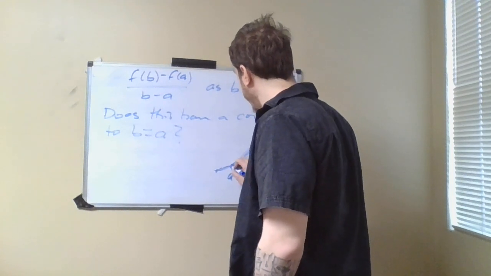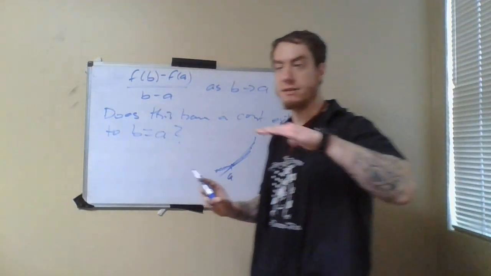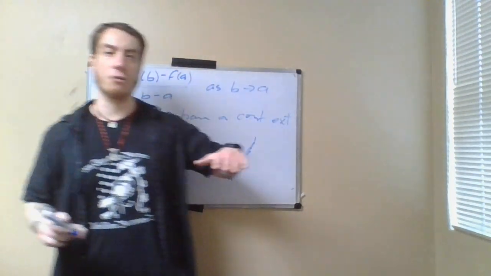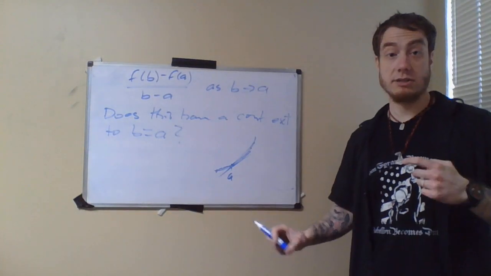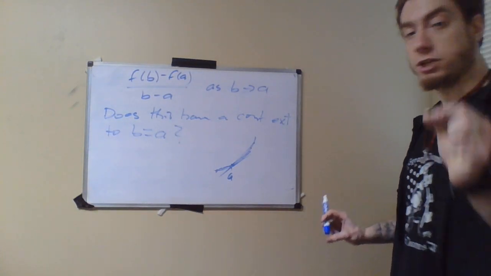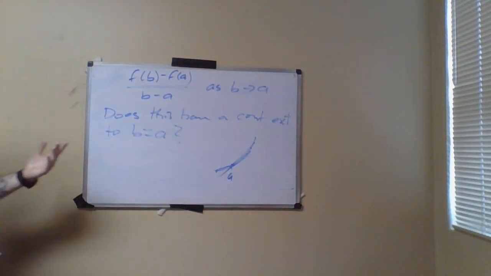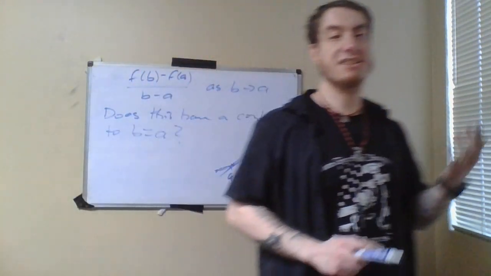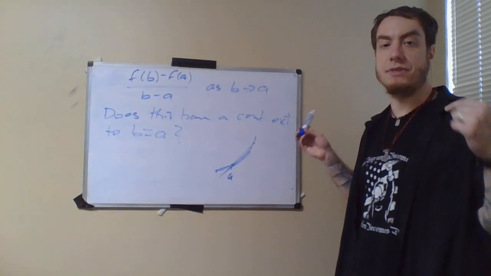But is there one specific slope that would complete the family of secant lines so that their slopes form a nice continuous function as we move along this curve? If such a thing exists, then it would make sense to say that is the instantaneous rate of change of the function, or the slope of the function at this point.